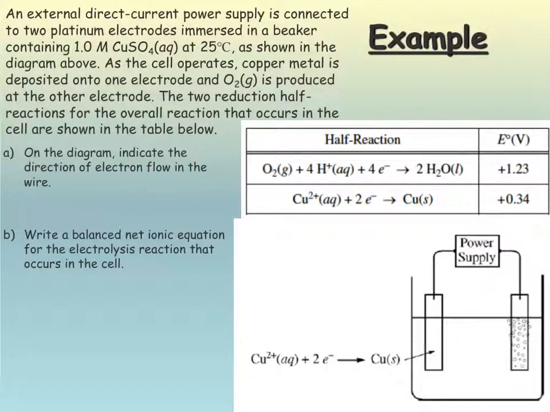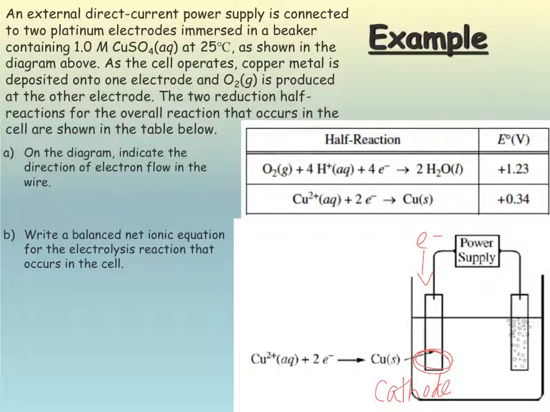Well, you'll notice this is definitely going to be the cathode here. This is where our reduction of the copper ions is going on. So electrons are definitely flowing that way towards the cathode. They go from anode to cathode.